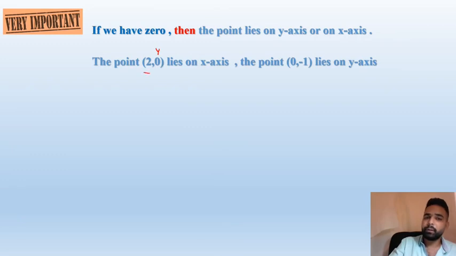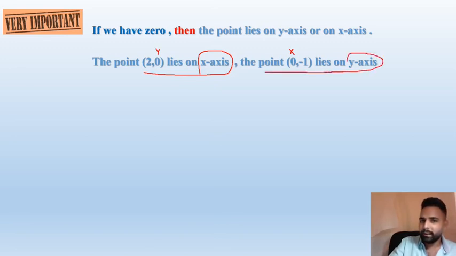The point (0, -1): x here is 0, so this point lies on the y-axis. So if we have 0, then the point does not lie in any quadrant, but on the y-axis or the x-axis.